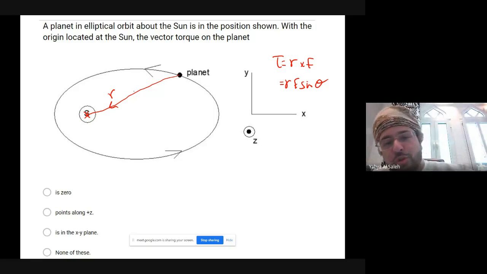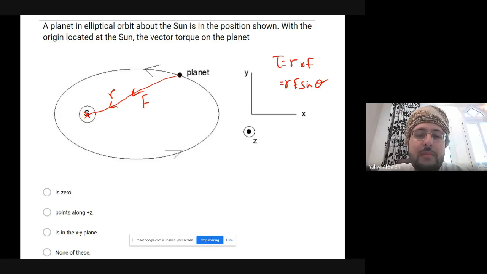My force is also going through this to the center, right? So what is the angle between my R and my F? And what is sine 0? Also 0. So my torque here is actually 0.